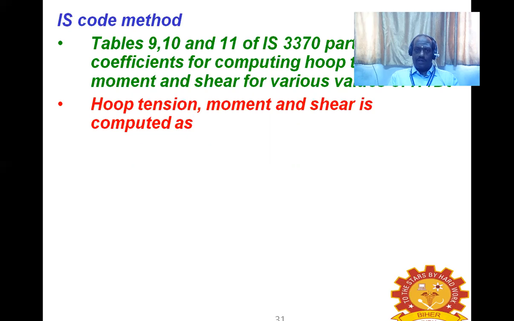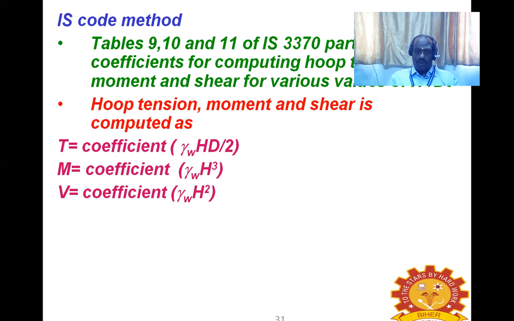We can use the hoop tension, moment and shear from this codal provision from IS 3370. The hoop tension can be calculated using the coefficient multiplied by gamma, the density of water, and overall height multiplied by diameter divided by 2.